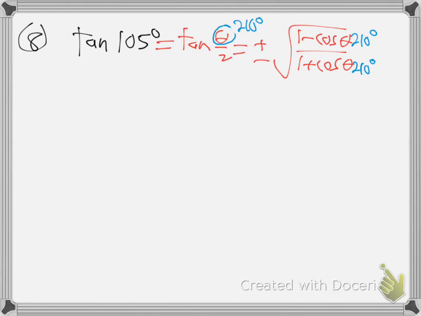And that'll be the tangent of 105, actually. Does everybody see that? How are we doing? Is it making good sense? Is it making no sense? So 105 is the same as 210 over 2, isn't it? You see the idea? 105 is the same as 210 over 2.